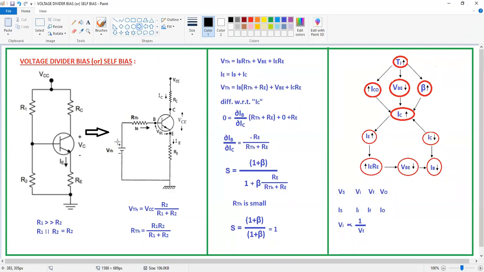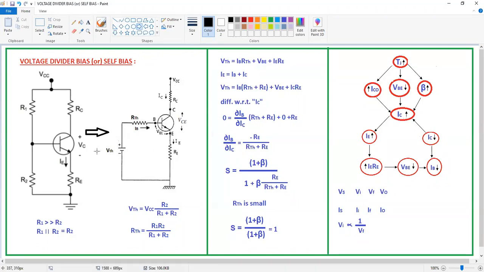That means the supply voltage and the remaining voltage are converted into the Thevenin's equivalent voltage, and the resistors are converted to RTH. That is, VTH is in series with RTH, and across these terminals we connect the remaining circuit: the RC resistor, the transistor as well as the emitter resistor.